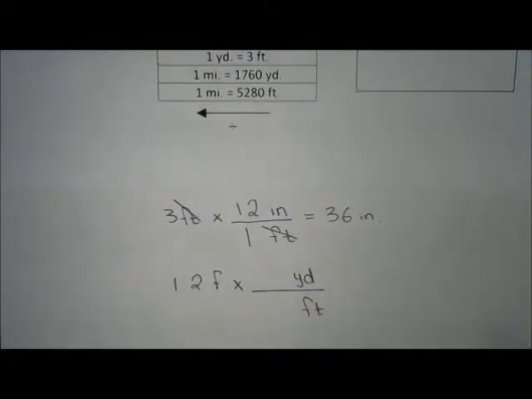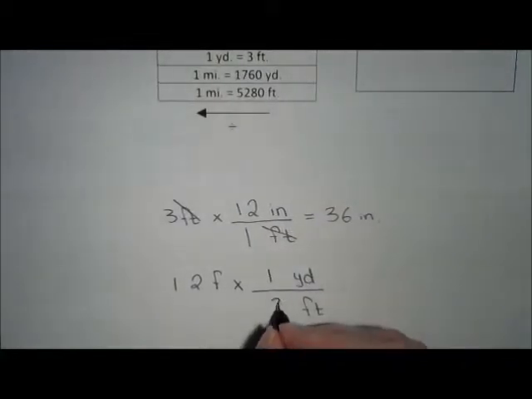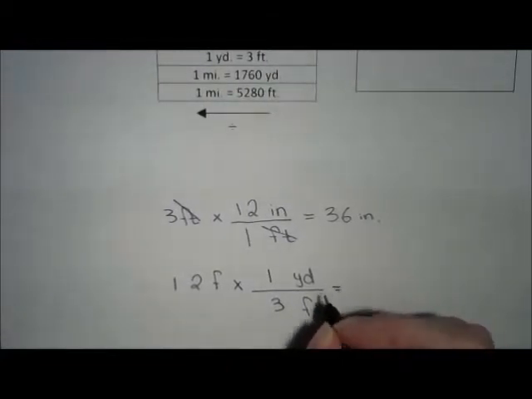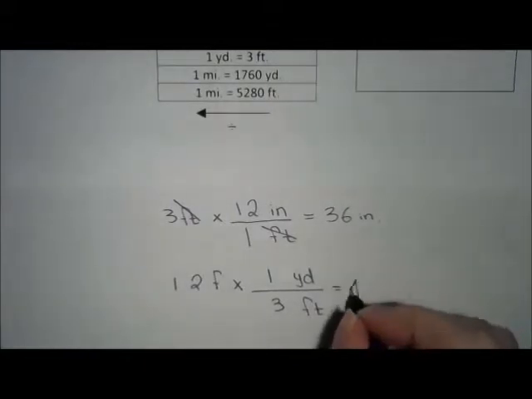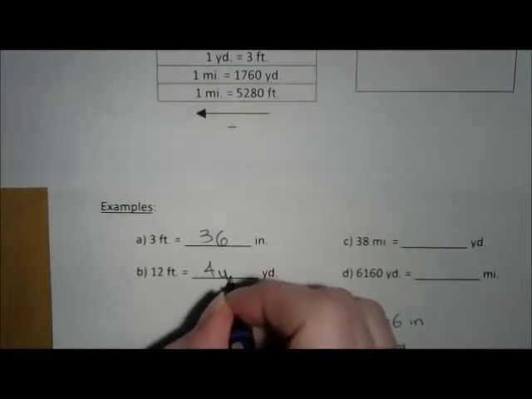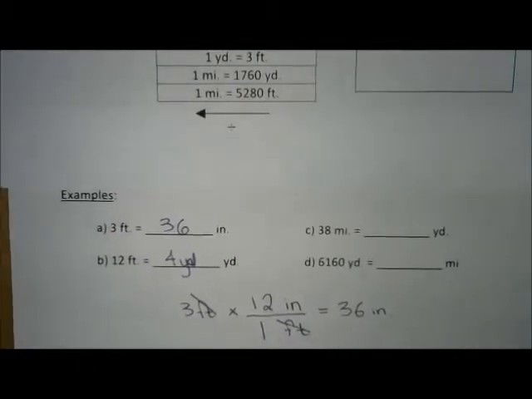What's the ratio we know about yards and feet? 1 yard is 3 feet. So we're going to take that and we're going to take 12, multiply by 1, divide by 3, gives us 4 yards. Okay. Sorry. I think you get the idea.